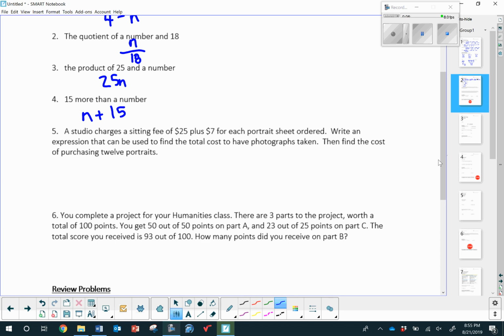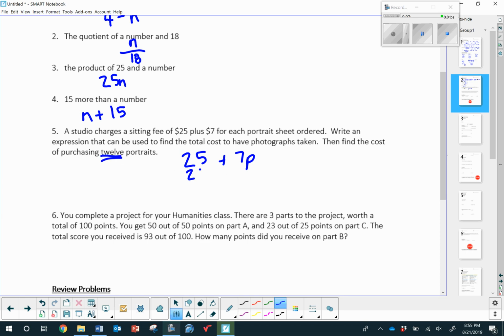So just for showing up at the studio, we have to pay $25. Then we have to pay $7 times the number of sheets ordered. We don't know how many sheets we're going to order yet, so I'm going to use that variable P for that.